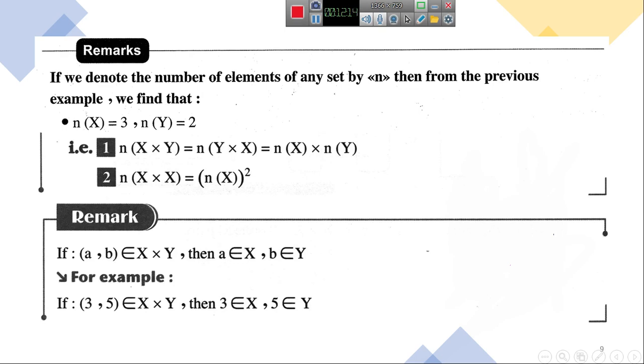And as we said, if an ordered pair that you found from x cross y, for example (3,5), belongs to the cross of x and y, then always the first projection 3 belongs to the first set x, and the second projection 5 always belongs to the second set y, okay?